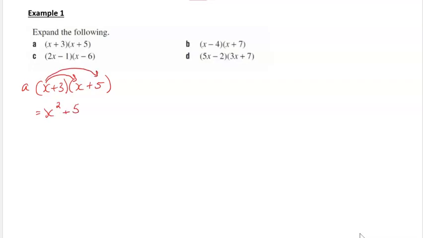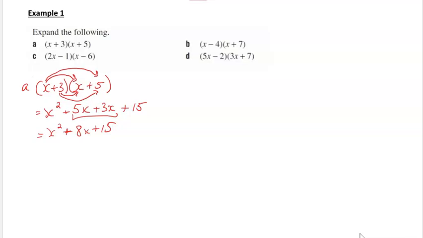So we're going to add 5x to that, and we often like to do, underneath, 3 times x, so we've got 3x there, plus 3 times 5, which is 15. Now you can see in the middle here that we've got some like terms that we can combine, so that gives us x squared plus 5x and 3x is 8x, plus 15, and we're done.